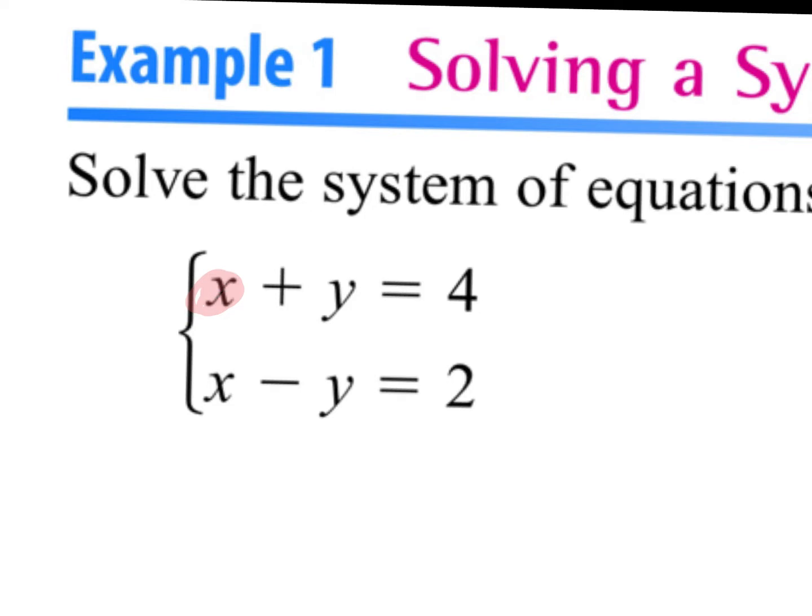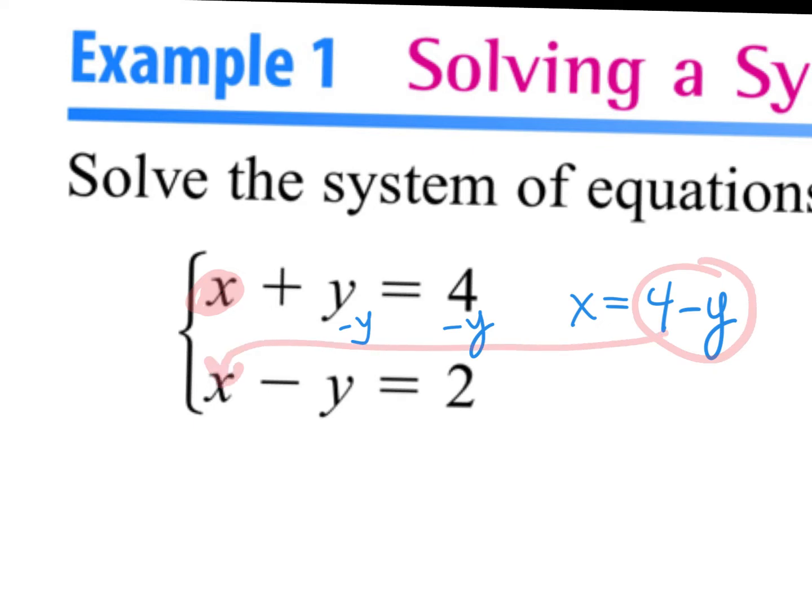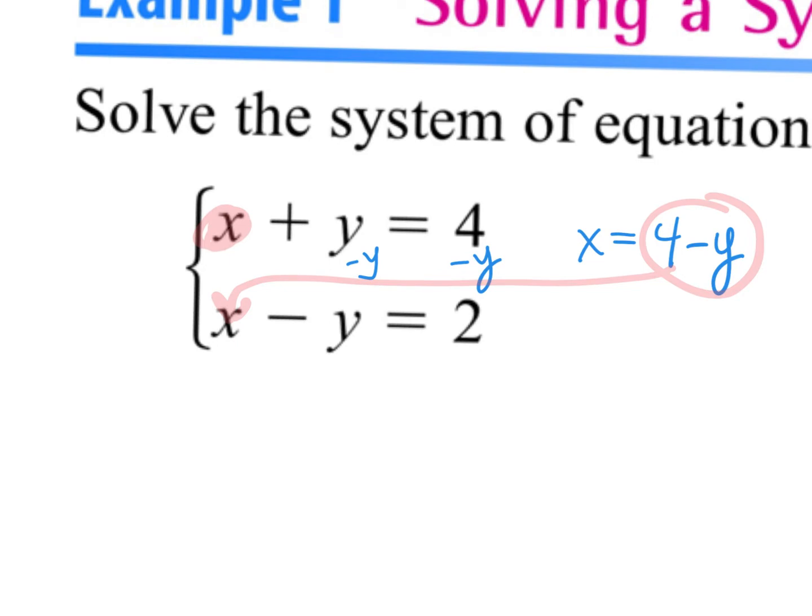Subtract the y. Perfect. So if I subtract y, do you guys agree that this says x equals 4 minus y? Correct? Now you would take this value and plug it in right here. So when I rewrite this, it becomes 4 minus y. Then what? Minus y equals 2.